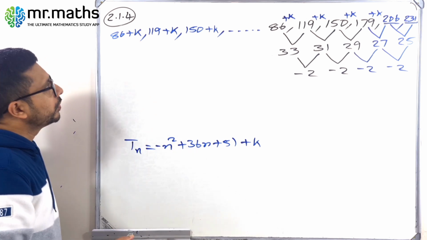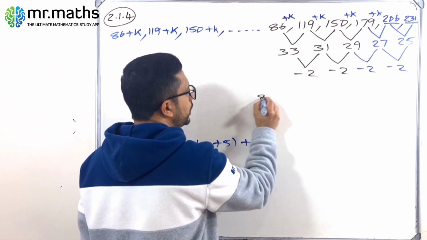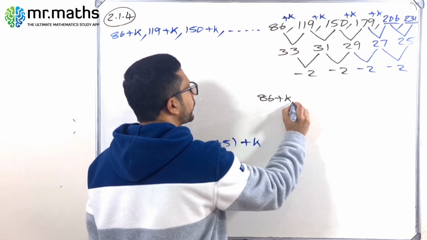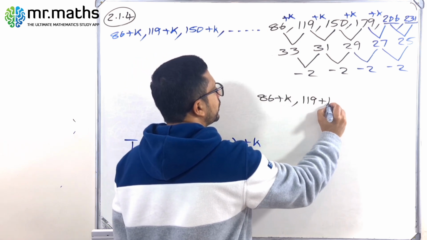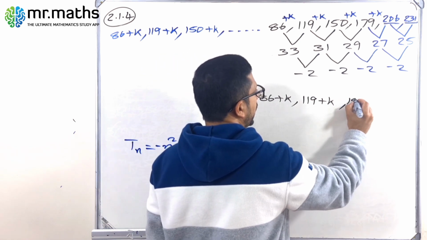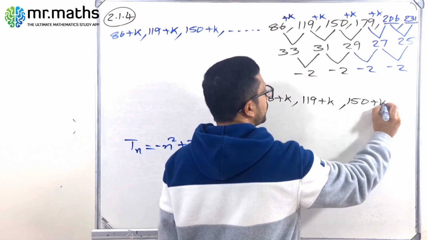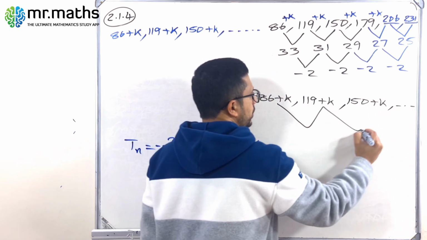Okay. So before I write here, let me write those terms here. 86 plus k, then 119 plus k, then 150 plus k, etc. Okay. So first we can find the first difference.